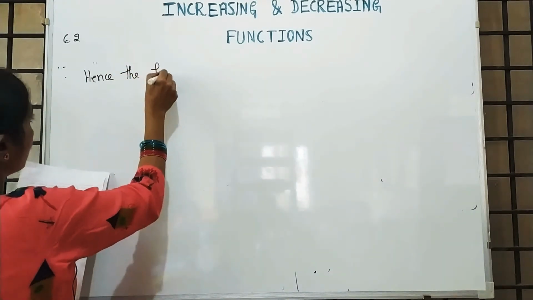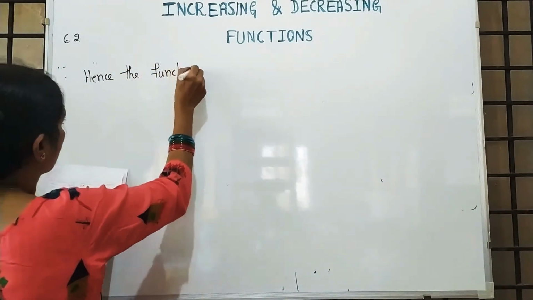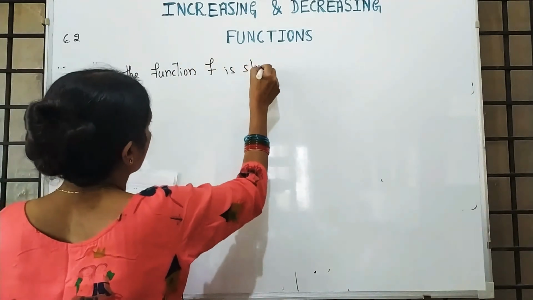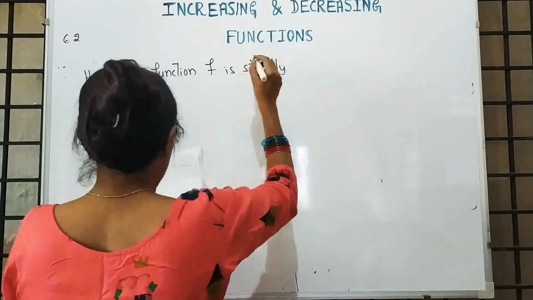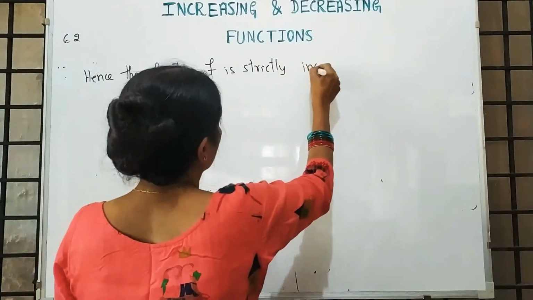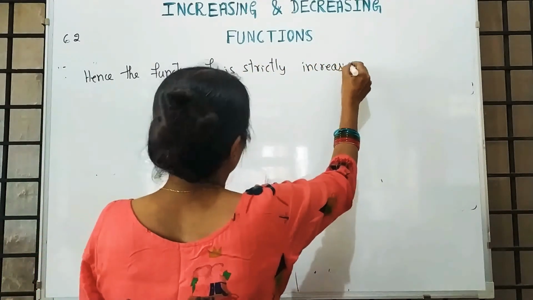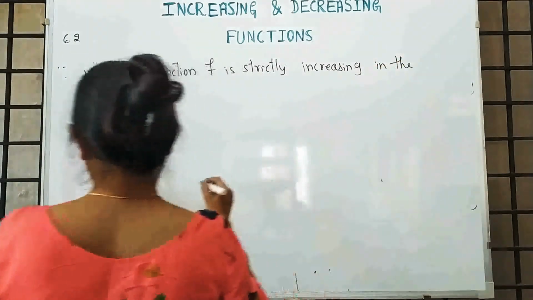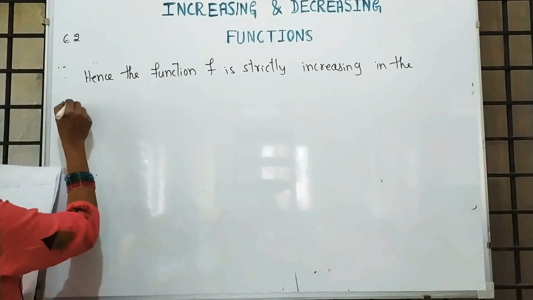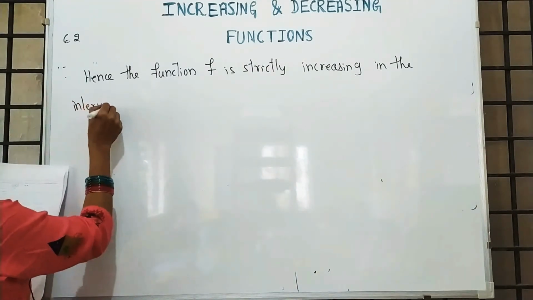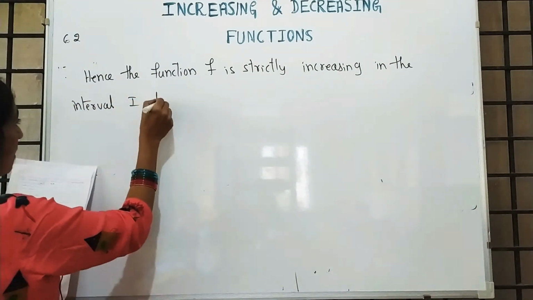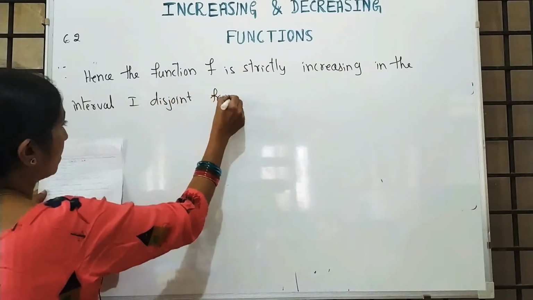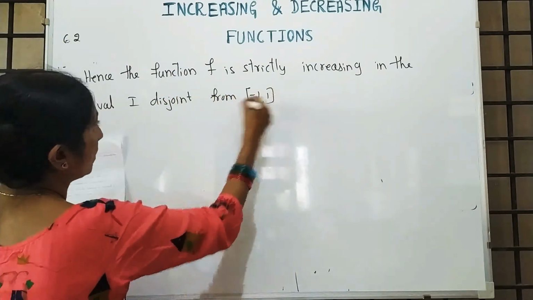Hence, the function f is strictly increasing in the interval disjoint from minus 1 to plus 1.